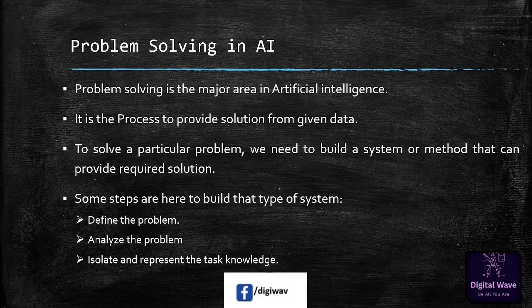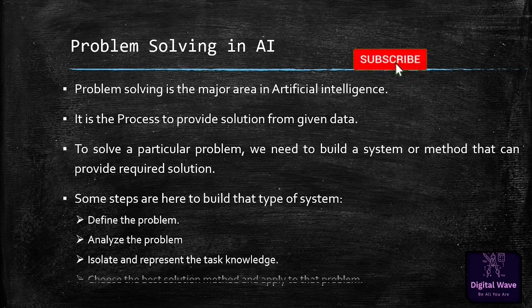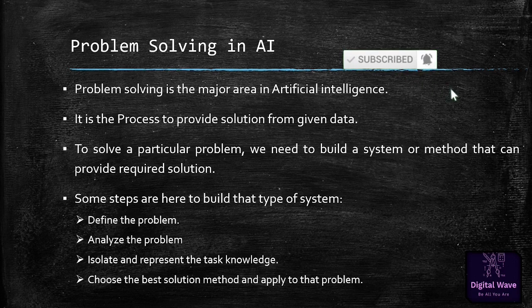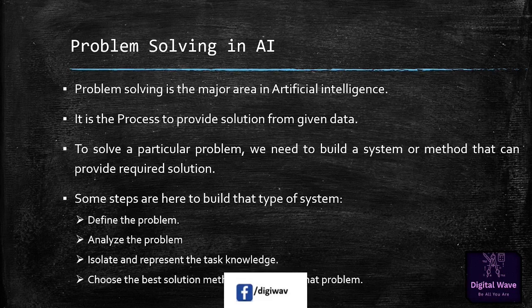The third point is to isolate and represent the task knowledge. This knowledge is necessary to solve the particular problem. The next point is to choose the best problem solving technique and apply it to the particular problem. Whatever possible solution methods we have, we have to choose the best problem solving method.